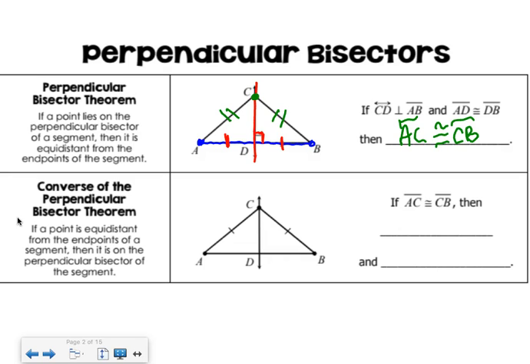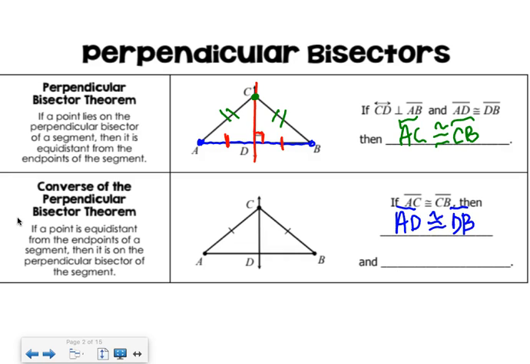Okay, what does converse mean? Opposite, backwards. Flip the order. So it's the same thing, we're just flipping the order. So if I know that AC is congruent to CB, what other things do I know? AD is equal to DB. Okay, that's one thing. AD is congruent to DB.